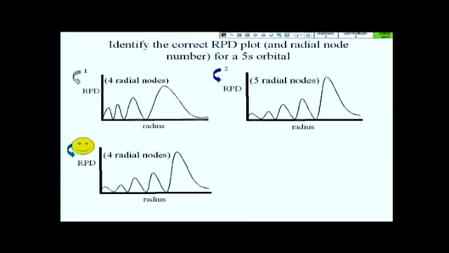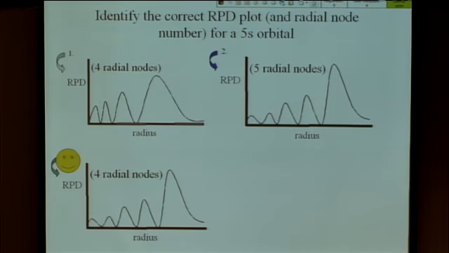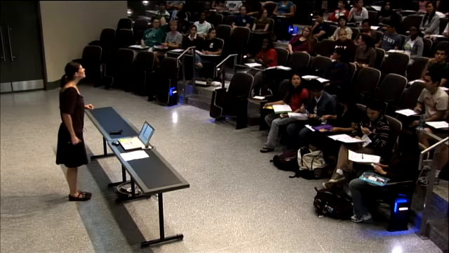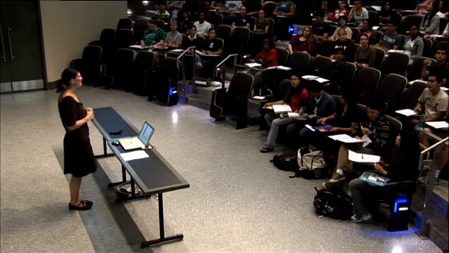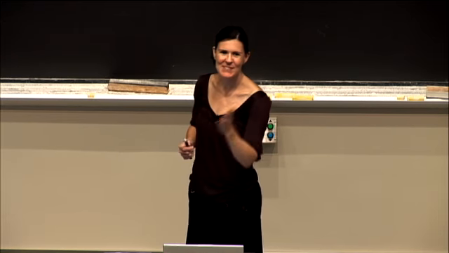All right, so it looks like 82% got the correct answer here. You should know that there are 4 radial nodes, right? We have 5 minus 1 minus L. It is very difficult for me to draw graphs on the computer. That's a good point, I'm sorry.